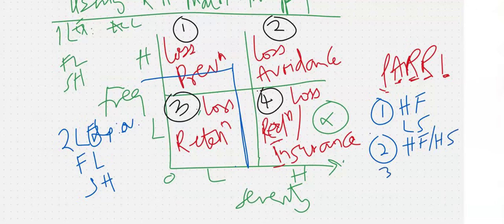Quadrant 3, we have low frequency versus low severity. Quadrant 4, we have low frequency and high severity. Do you get it?